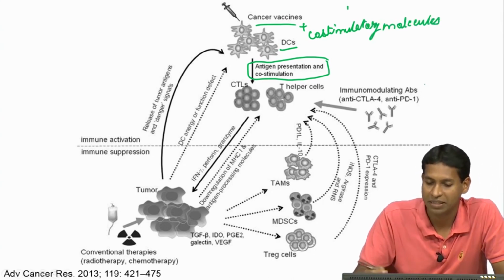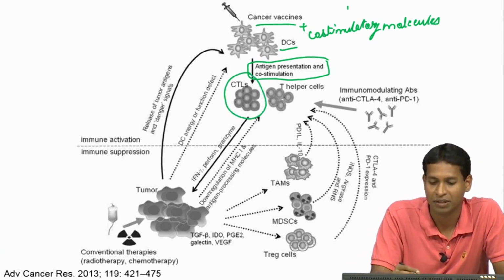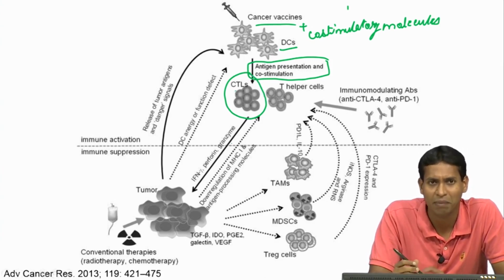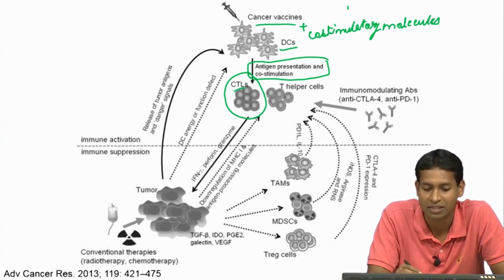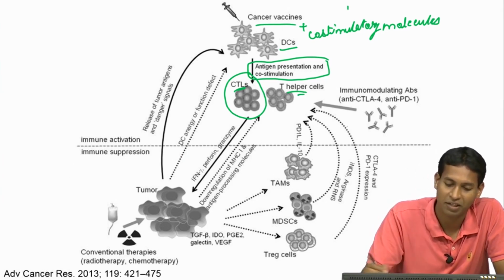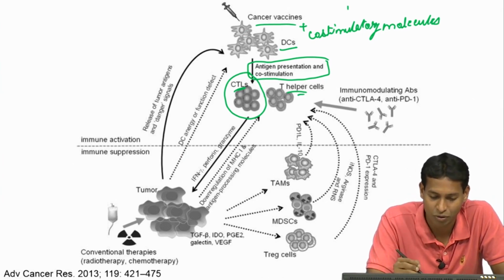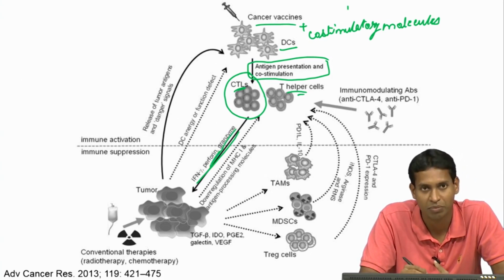And this is going to activate the CTLs, the cytotoxic T cells, because in this case the antibody can be useful, but it really will not do much. You want to kill the cells itself. So, cytotoxic T cells and T helper cells are the major players, and this is the immune activation part. This is what ideally we would like, and then these go to the tumor cells and start killing them using various mechanisms, either by secreting granzyme and perforin or IFN gamma to further boost this response.